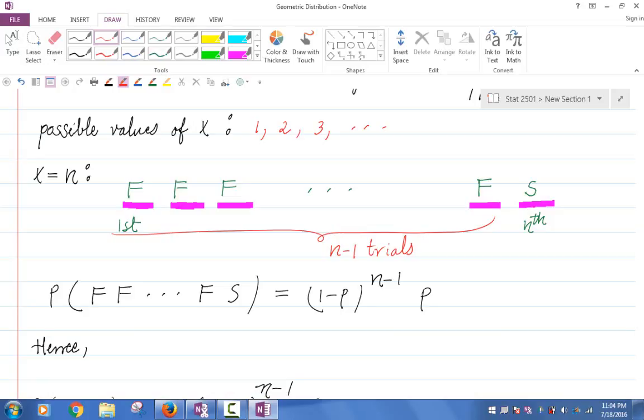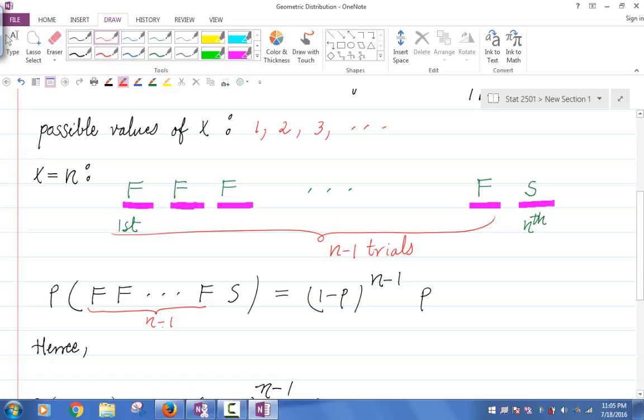So the probability of the event that X is n is the same as the probability of the sequence of outcomes of the n trials, where the first n minus 1 trials are failures and the nth trial is a success. So what is P of F, F, F, S, where we have n minus 1 trials resulting in F here?